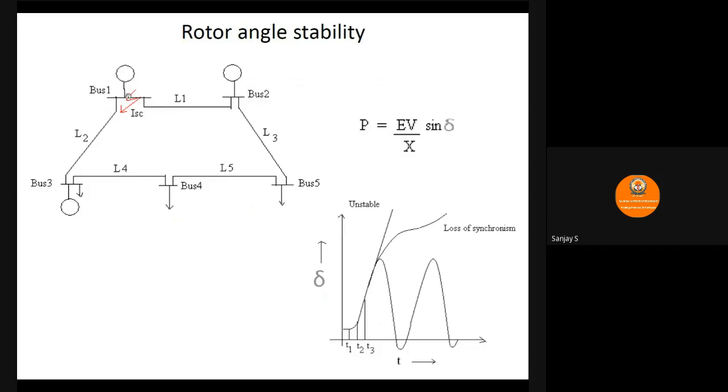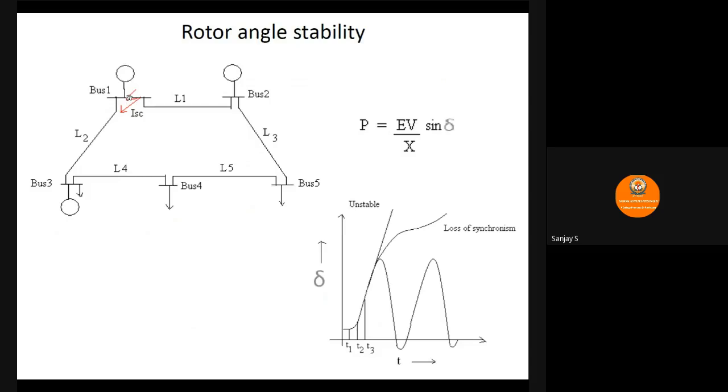Whenever there is a reduction in load demand, obviously the speed of this generator increases. Speed and frequency are directly proportional parameters, so the frequency also shoots up. Whenever the system was stable earlier, the generators connected at bus 1, bus 2 and bus 3 were in synchronism. They were running at a common speed.